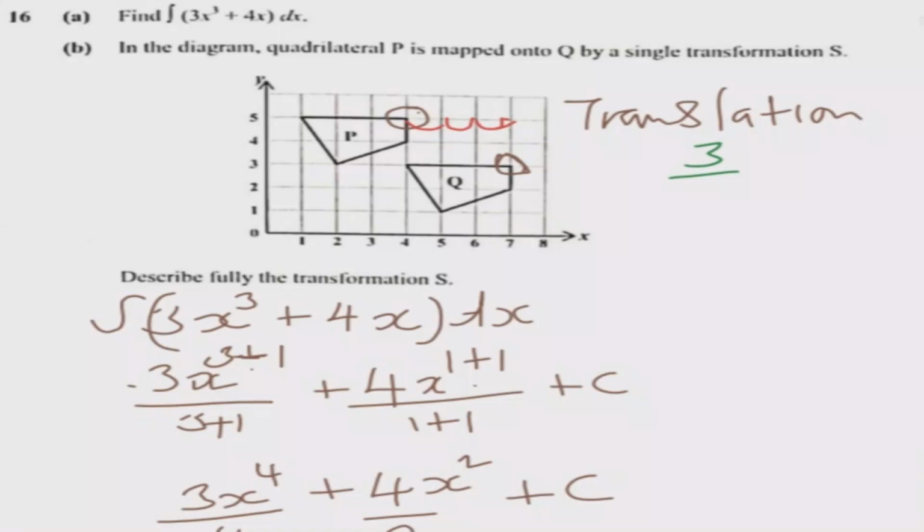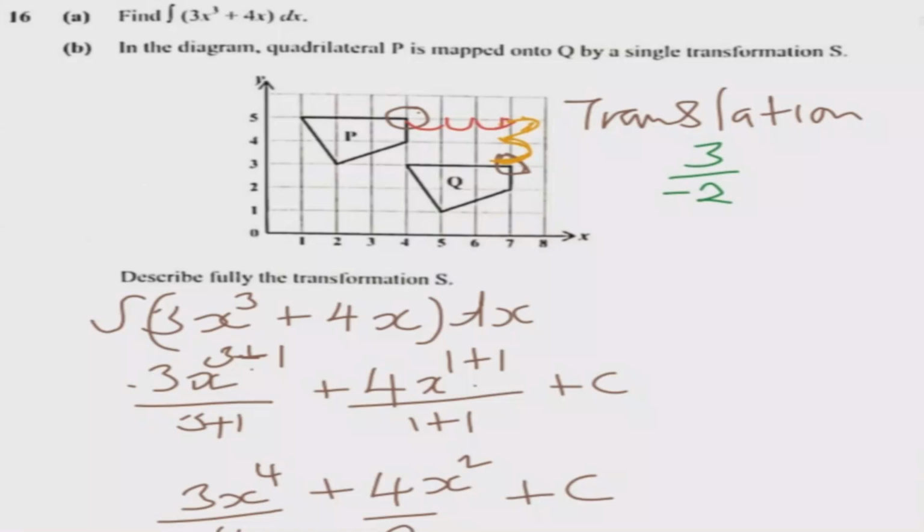When you look at the shape, it has moved 2 steps. That means going down, not up. That means it's going to be negative 2. So the type of transformation is translation, and the vector is 3 over negative 2.